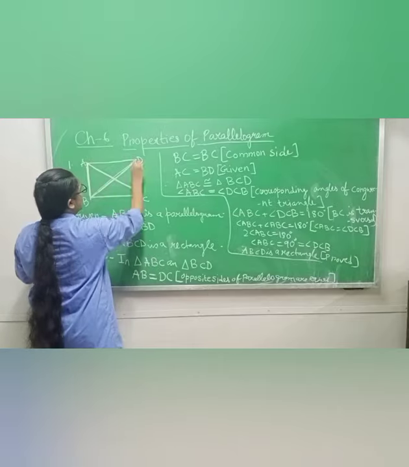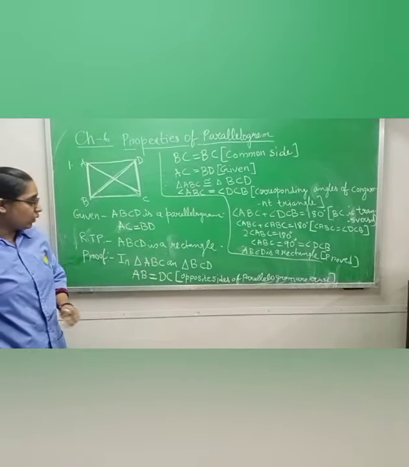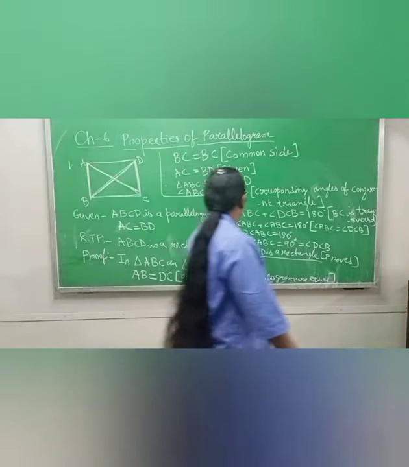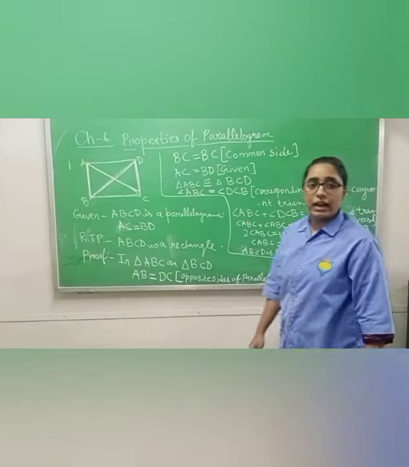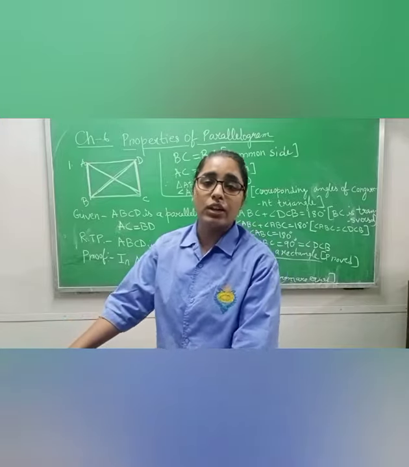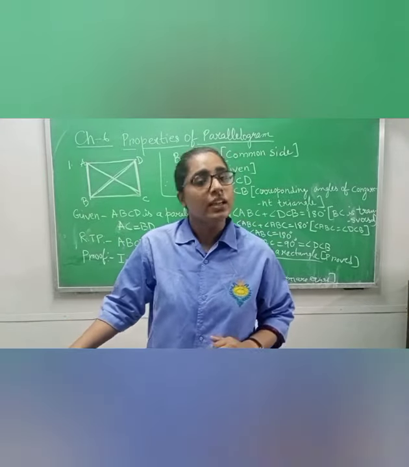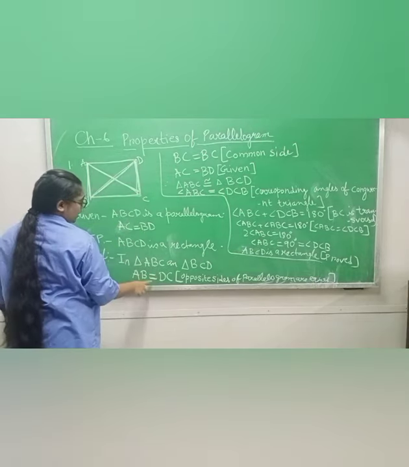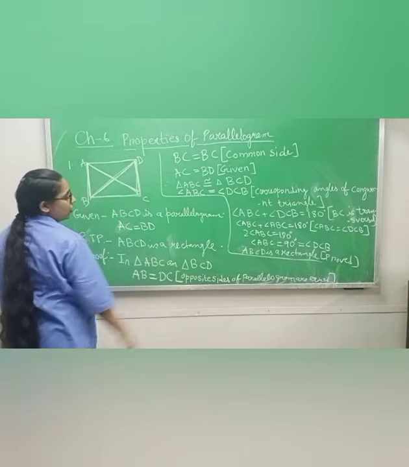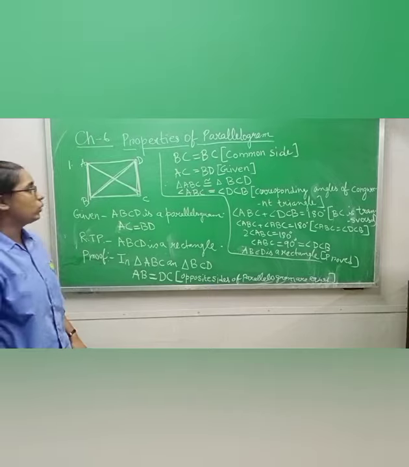These both are equal. Why they both are equal? Opposite sides of a parallelogram are equal. We know the property of parallelogram, that opposite sides will be equal. That is why I am writing AB equals to DC, opposite sides of a parallelogram are equal.